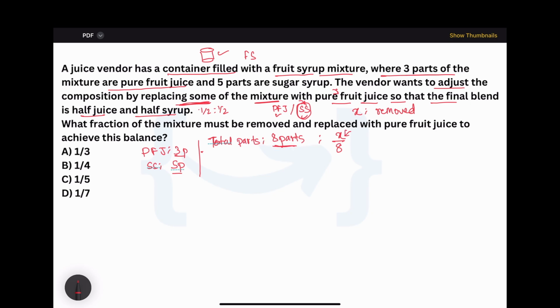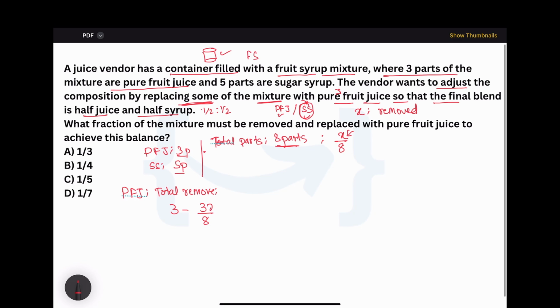So let's see what I can create. From pure fruit juice, how much will I remove? I have 3 parts, isn't it? I know that 3 out of 8 parts are pure fruit juice, and X is removed.